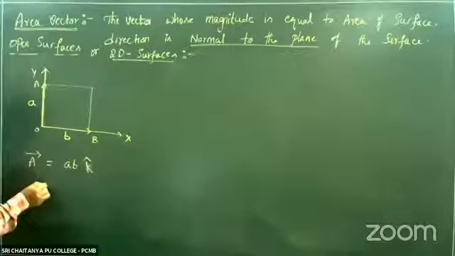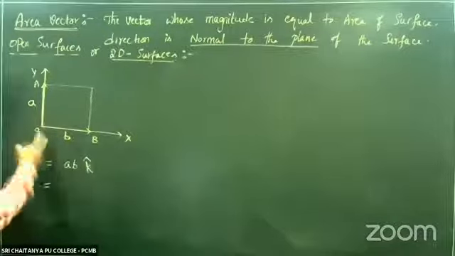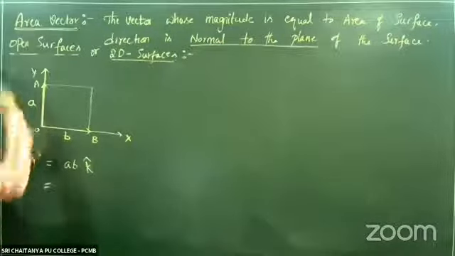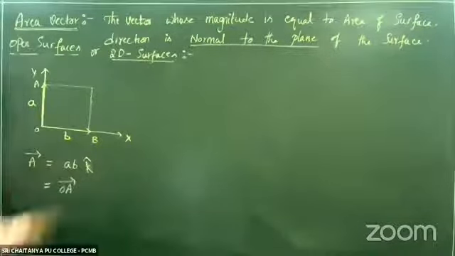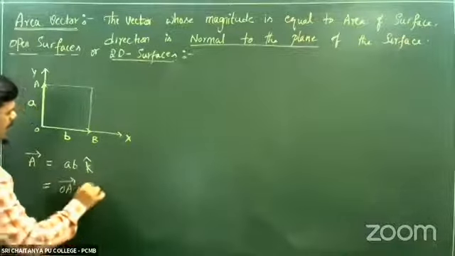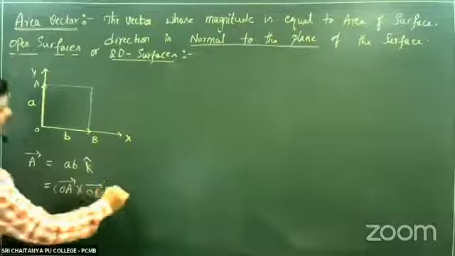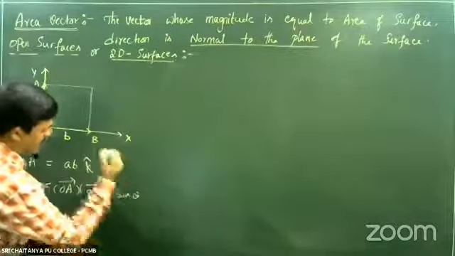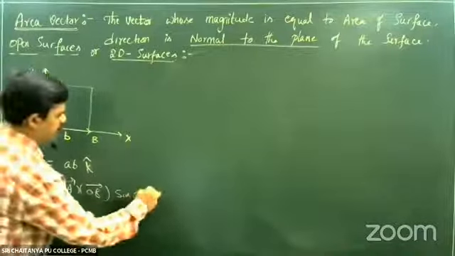Can I write it like this? A is OA, B is OB: OA, OB, sin theta into n cap.